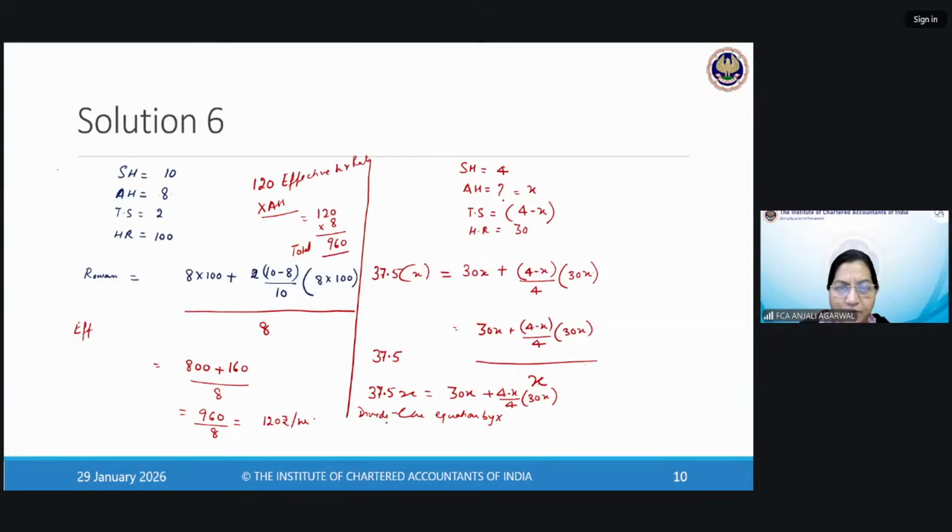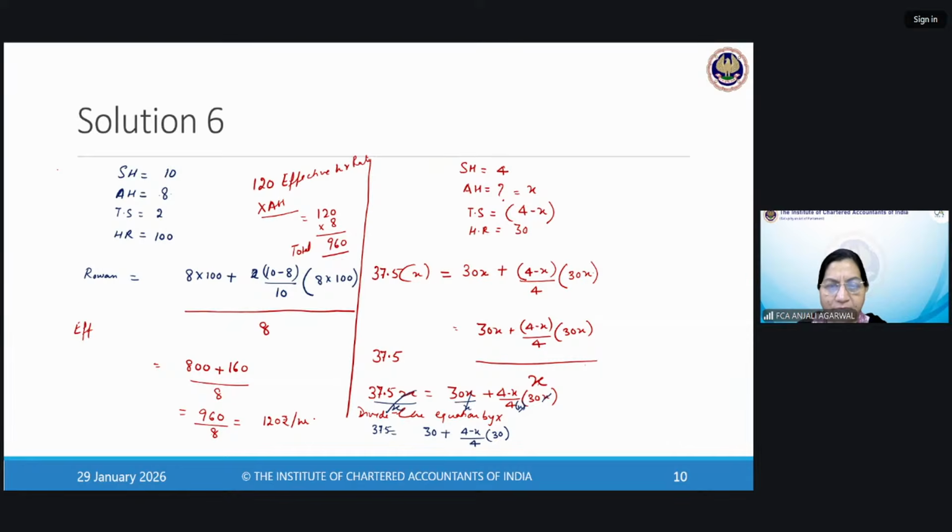So 37.5x divided by x is equal to 37.5. 30x divided by x is equivalent to 30 plus (4 minus x)/4 into 30 divided by x. So this x will go. (4 minus x)/4 will remain, and you will have 30 in the right. So it makes it simple.